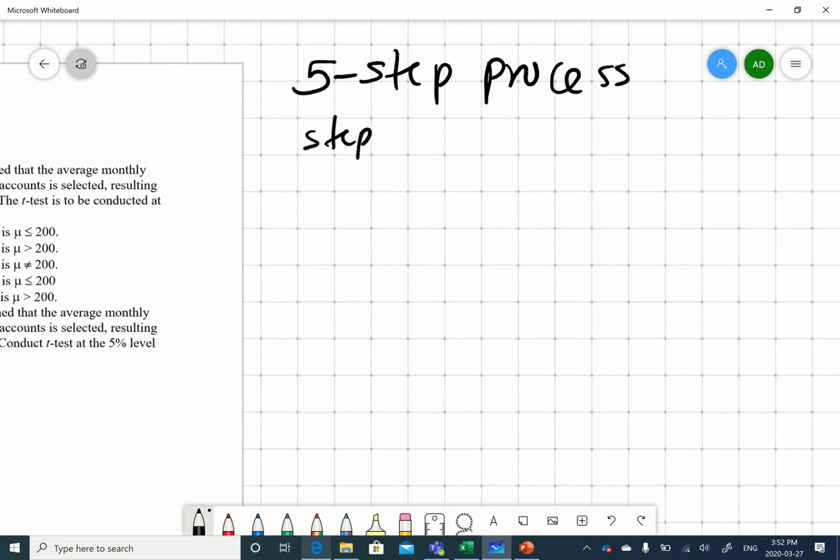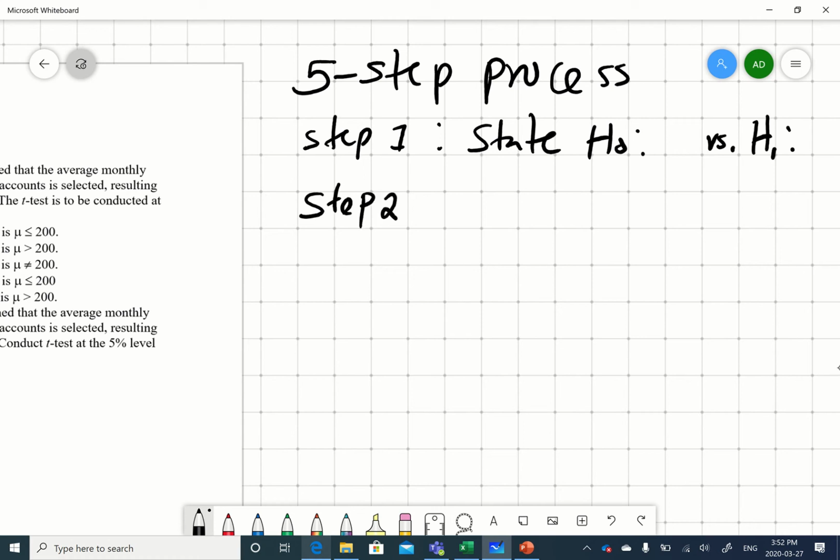Step 1 is to state H0 versus H1. So you have to read the question and figure out what should be the null, what should be the alternative, and then calculate the test statistic.